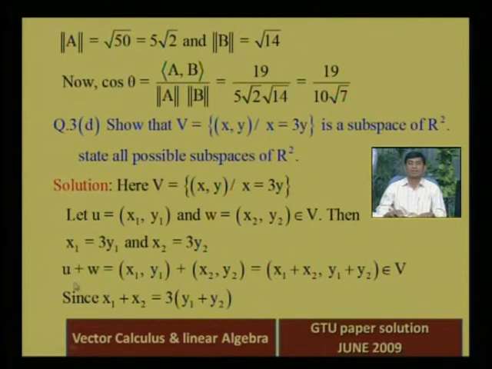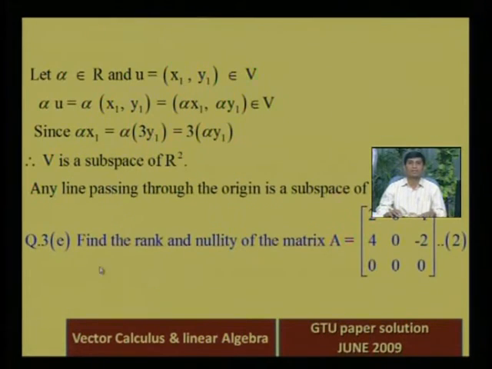Because it satisfies the condition that the first coordinate is equal to 3 into the second coordinate, that is x1 plus x2 is equal to 3 into y1 plus y2, because x1 is equal to 3y1 and x2 is equal to 3y2. So the first condition for the subspace is satisfied.